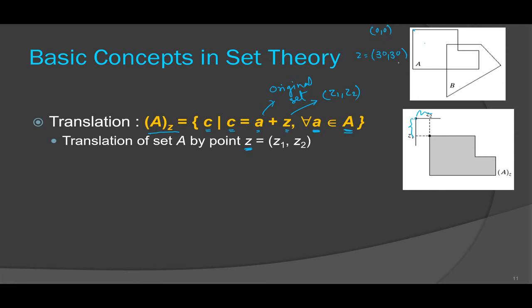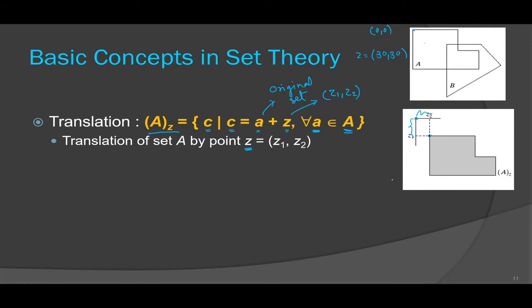Similarly, all the elements in this particular set will be translated by this point Z given as Z1, Z2. In the respective coordinates, we will be adding Z1 and Z2. That's all, and we will get this translation A subscript Z.